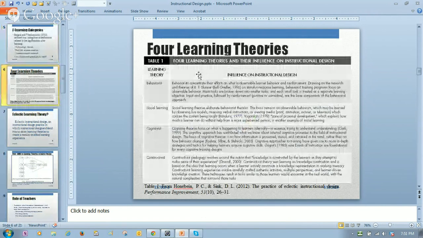Okay, learning theories. Throughout, as you encouraged me to write the papers from the theoretical framework to find the theory, I kept seeing four major learning theories: behaviorist, social learning, sometimes referred to as social constructivist, cognitivist, and of course constructivist.